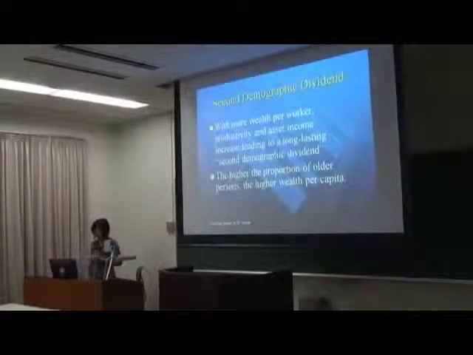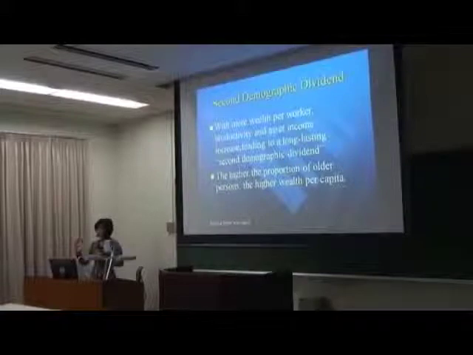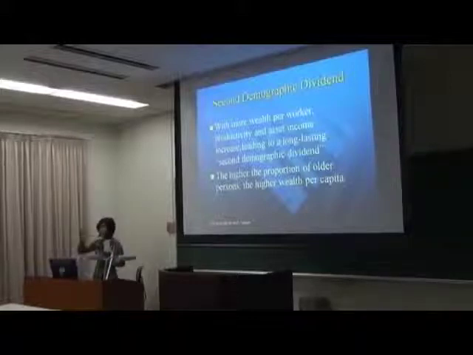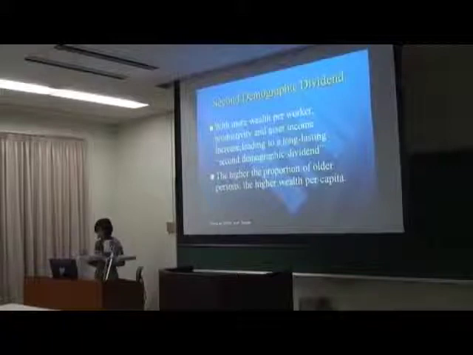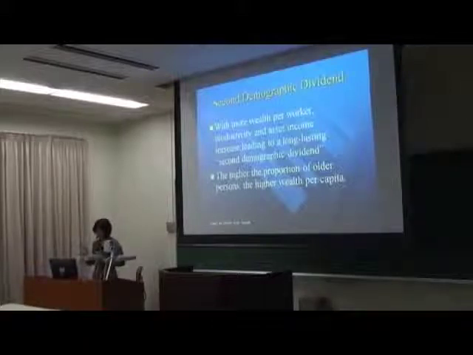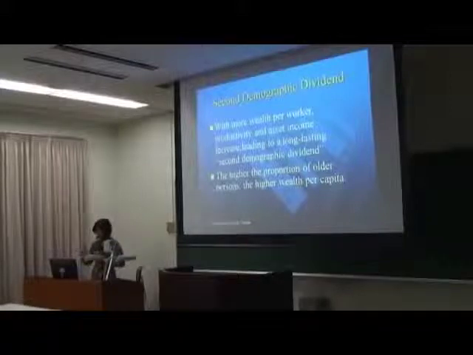This is to see the second demographic dividend, to have an idea about wealth per worker, productivity and asset income. If those factors increase, we would have a second demographic dividend, and it is long-lasting. So the higher the proportion of elderly people, the higher the wealth per capita.